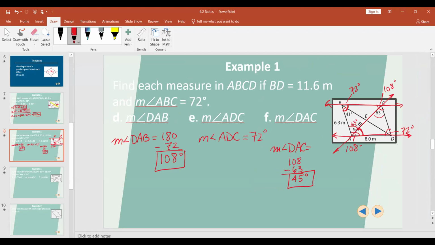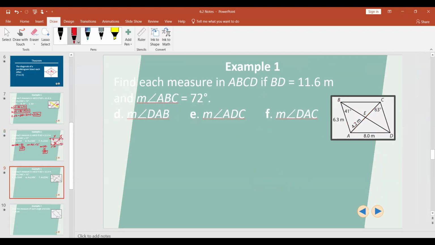Okay. Are there more? There are more. Okay, the measurement of DAB. That's this whole guy here, which we already determined earlier is 108 degrees because it's 180 minus 72.